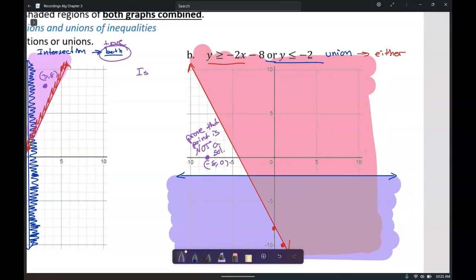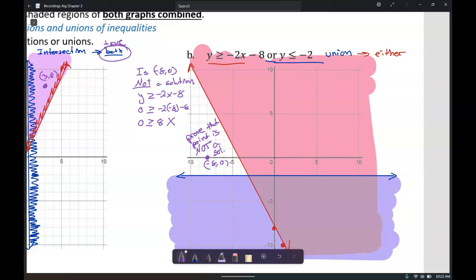So is (-8, 0) not a solution? Well, starting with the first inequality, y is greater than or equal to negative 2x minus 8. Is 0 greater than or equal to negative 2 times negative 8 minus 8? Is 0 greater than or equal to 8?